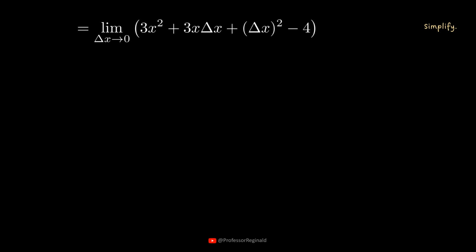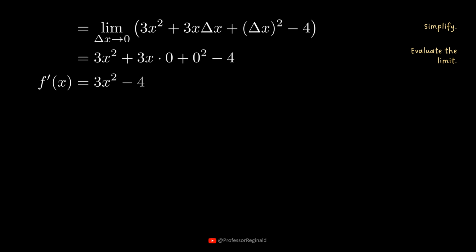Simplify. And then, evaluate the limit. Accordingly, the derivative of f with respect to x is 3x squared minus 4.